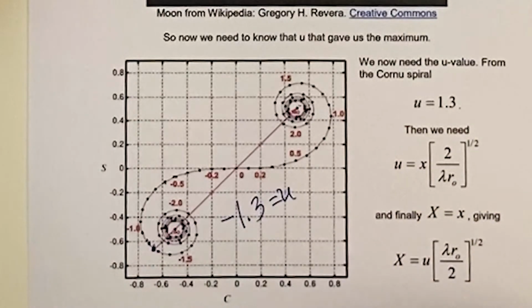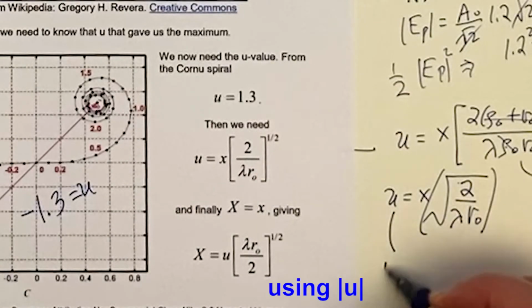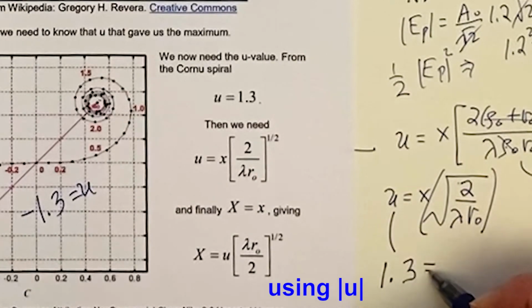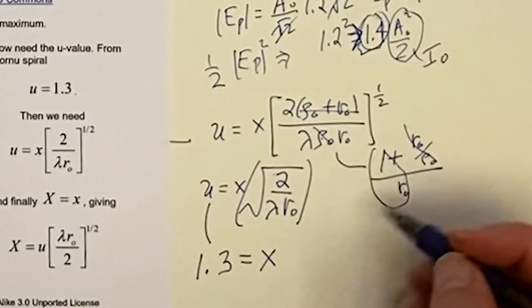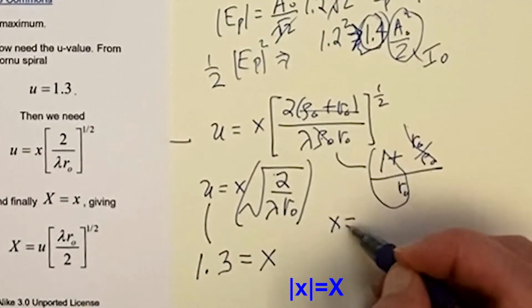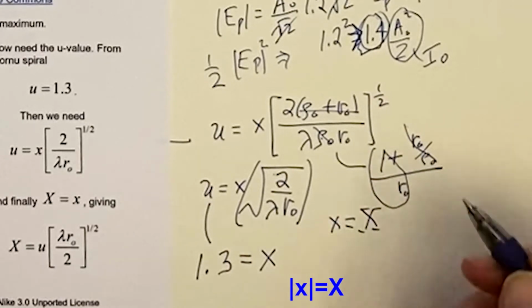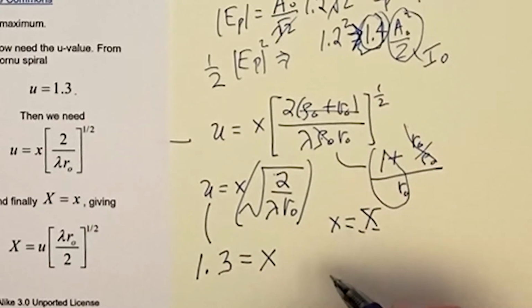All right. So now we use this formula. This is 1.3. We don't know what the x is. That's going to be what we're measuring because that's at the screen. Remember, the little x and the big X are going to be the same because that star is far away. We already looked at that.